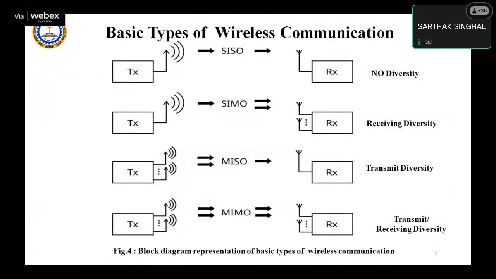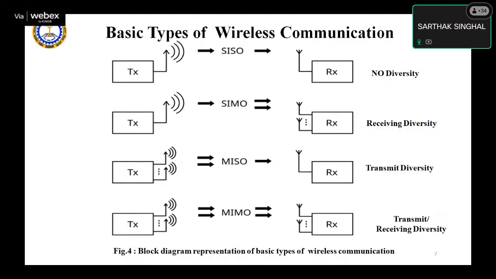So when we talk about wireless communication, there are basically four types of wireless communications. One is your SISO, that is, single input and single output. So in this case, you cannot achieve diversity, that is, your path losses and fading losses cannot be removed.